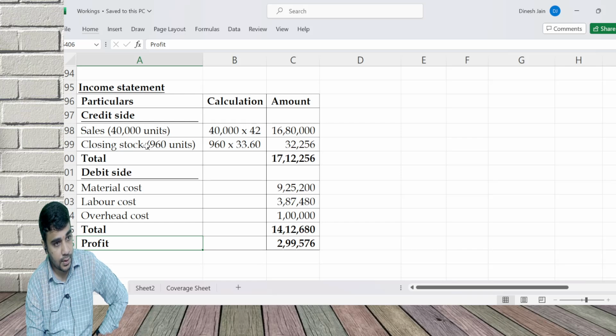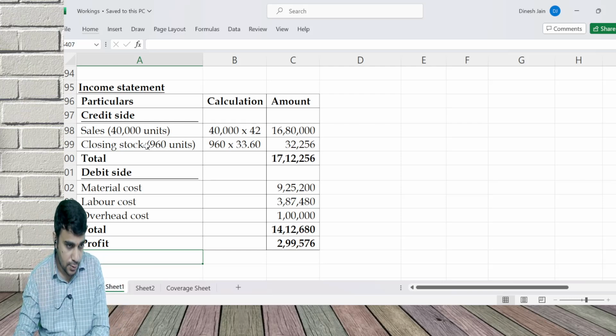Clear? This is one way of doing the profit. Another way of doing the profit is through the reconciliation route.